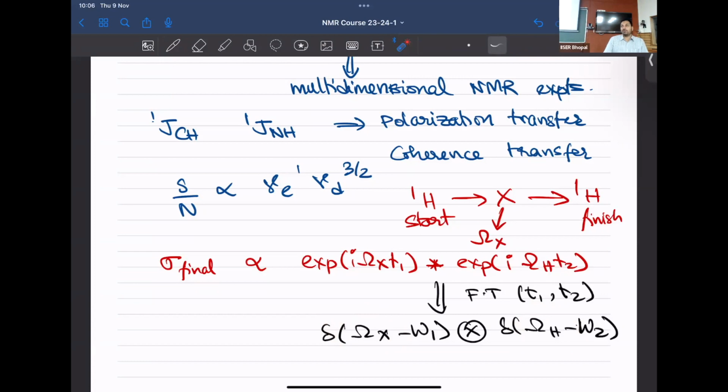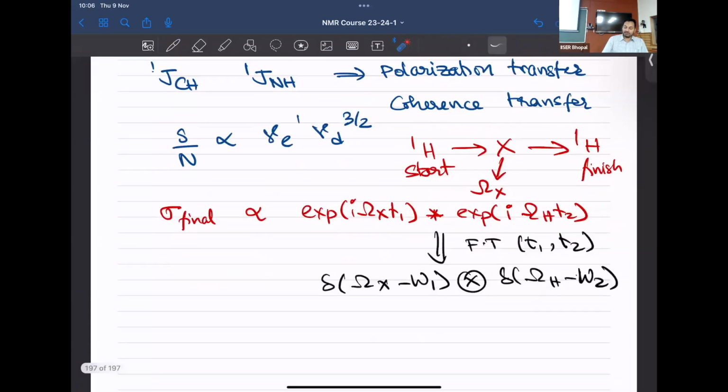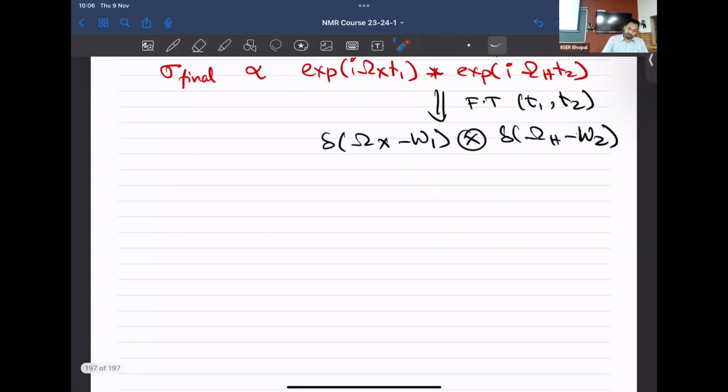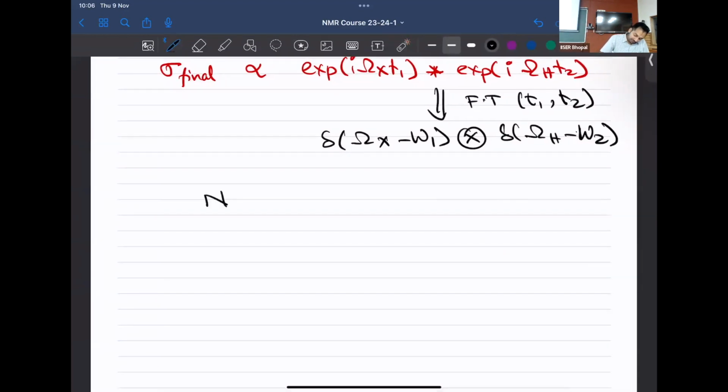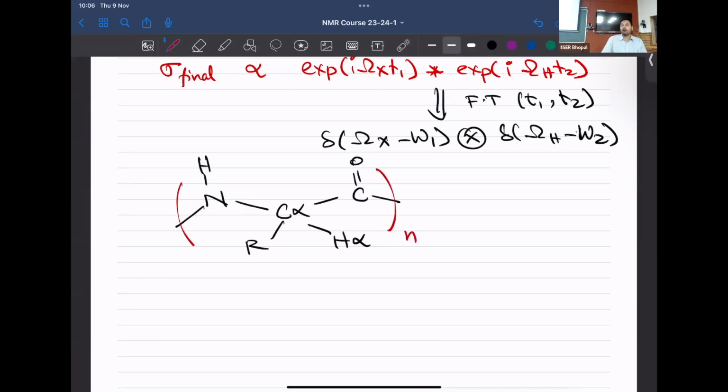These are not restricted to biomolecules, but the application we will be seeing predominantly in terms of biomolecules, because we said we are trying to understand a protein structure, and the basic structure or the monomeric unit is given this way, where the polymer is an extension of the amino acid.